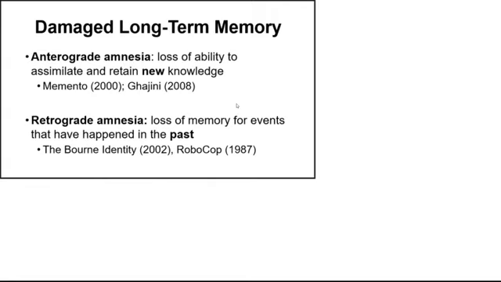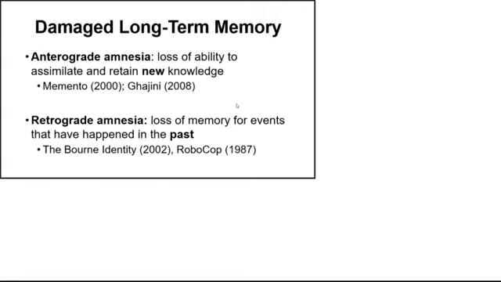So if you've ever watched the movie Memento, you follow a main character who, as soon as something is out of his short-term memory, as soon as it's out of his working memory, he no longer has access to that information. So he can't make new memories. So he has to write everything down, or else he will immediately forget it.